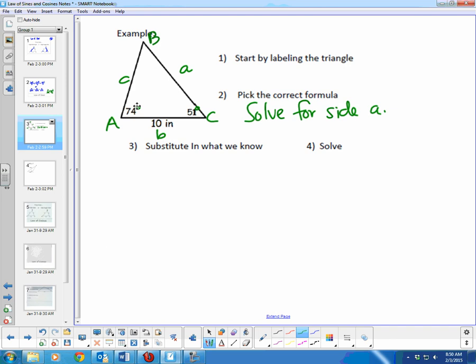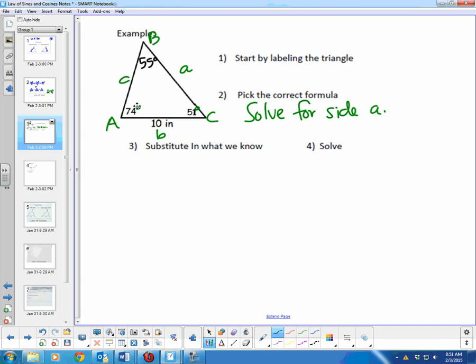If we know two angles inside of a triangle, can we always figure out the third angle? Yes. So what's 74 plus 51? 125. What's 180 minus 125? 55. So angle B is 55 degrees.